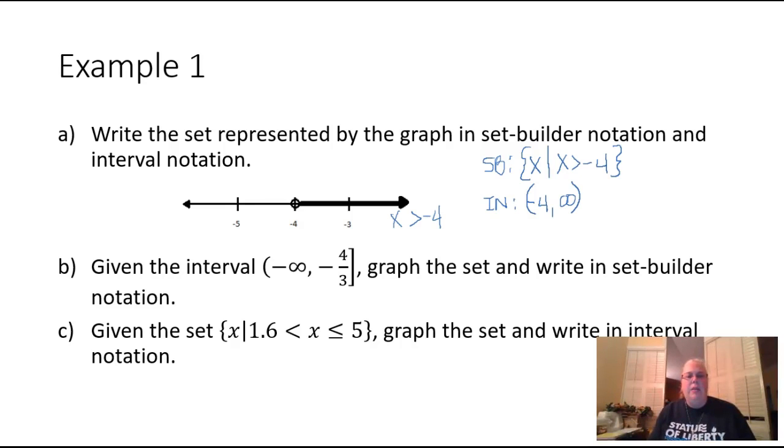Now for B, we're given the interval from -infinity to -4/3, and now we have to draw the graph and then write our set in set builder notation. Okay, so I'm going to put the graph up here. All right. And it looks like our graph is going to go from -infinity to -4/3. So that means we got -4/3 here.